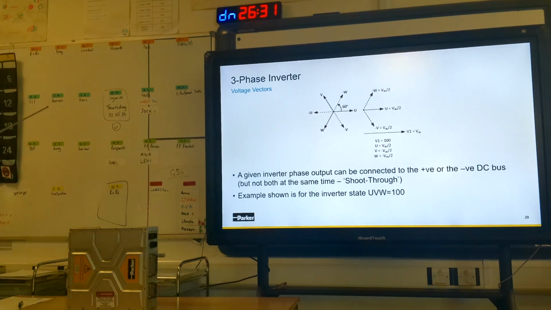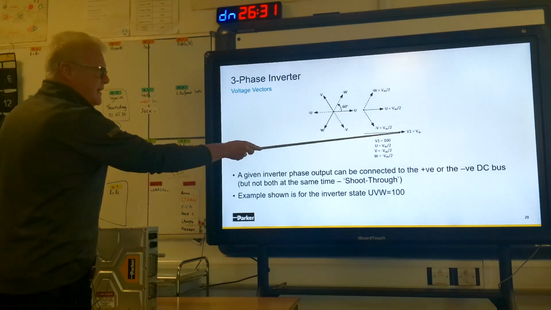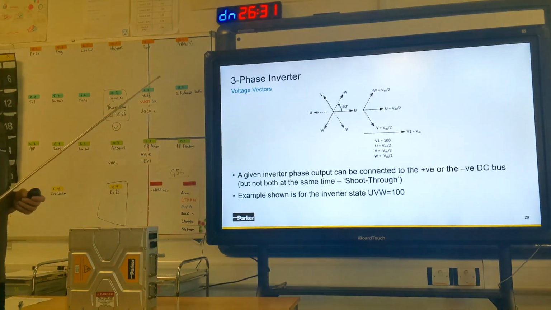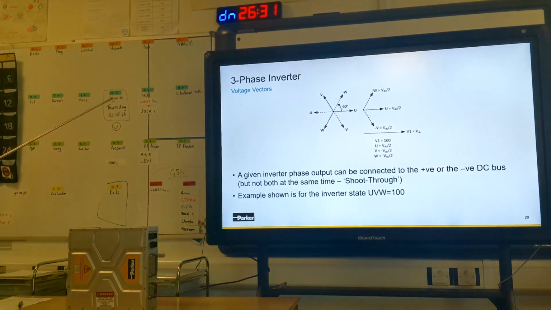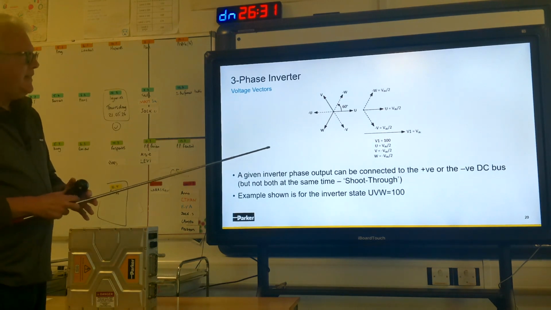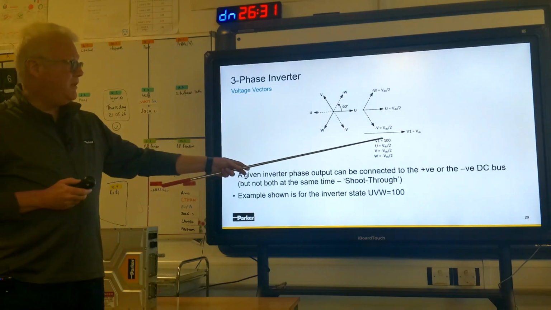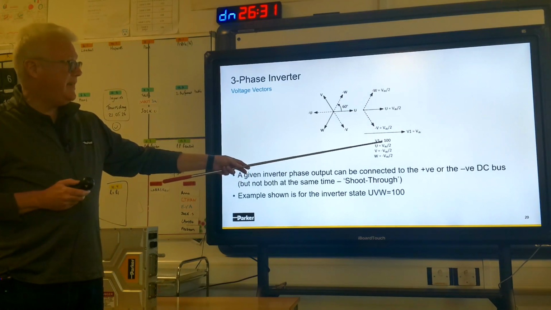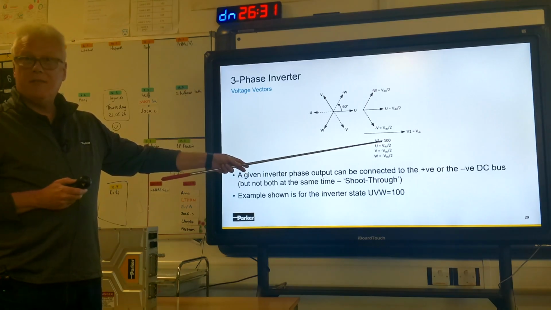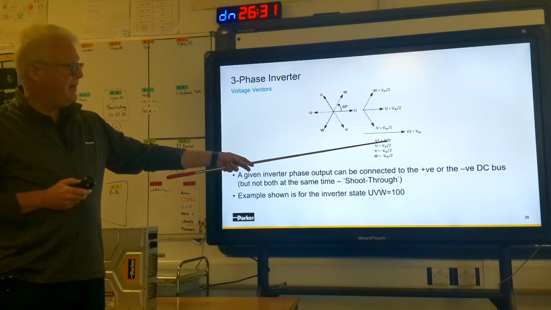If I did a vector sum of all of those, I would end up with a single vector pointing in this direction, and its magnitude would be the DC link voltage. I've denoted that as V1, and I've given it a number, 1, 0, 0. 1 meaning the U phase is connected to the top of the DC link, 0 meaning the V and the W are connected to the bottom.